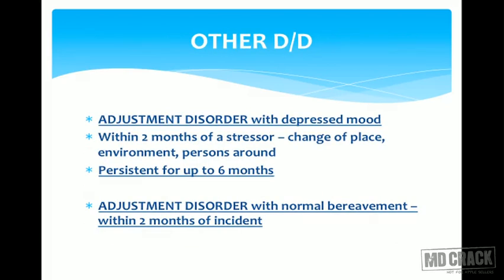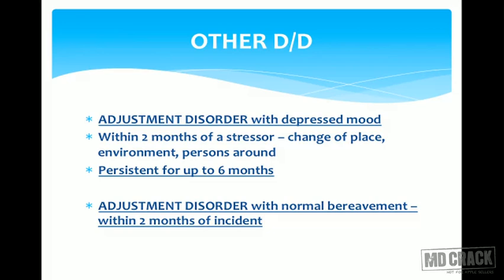And as I said a few minutes ago, the other differential diagnosis which we must rule out is adjustment disorders. There are two types of adjustment disorders. Number one is adjustment disorder with depressed mood, and this happens within 2 months of a stressor, that is change of place, change of environment, change of persons around, and the patient might look like a patient with depression, and this may persist for up to 6 months.